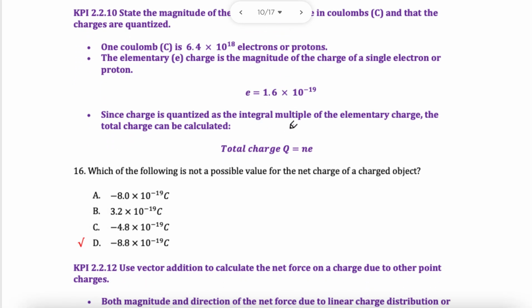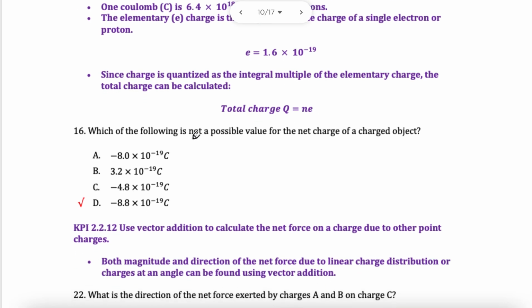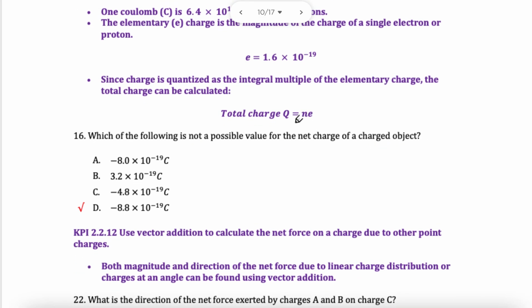Very nice. Next, Q equals N e, which is not a possible value for the net charge. So you just need to remember that everything that has a charge has to be in multiples of an electron. You either have one electron, or you have two electrons, or three electrons. You don't have anything in between. You don't get half an electron or a quarter of an electron, 0.3 of an electron.